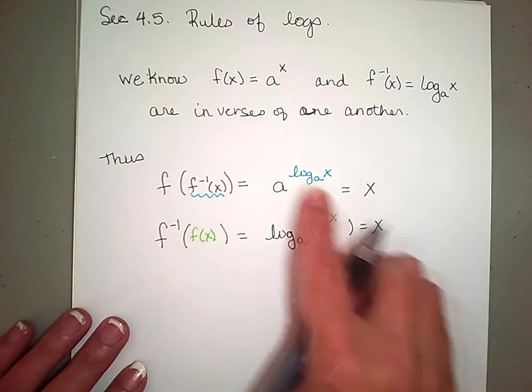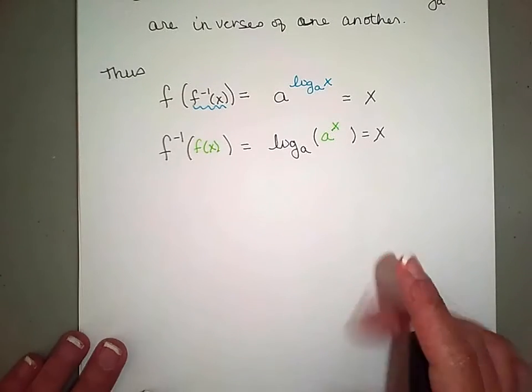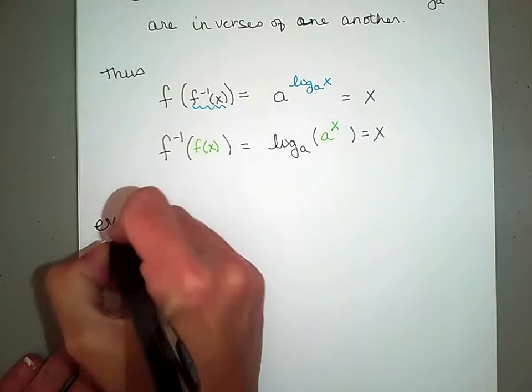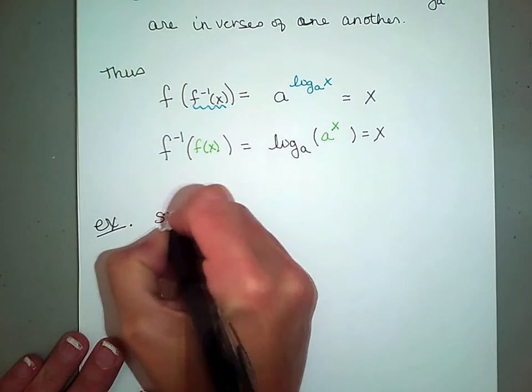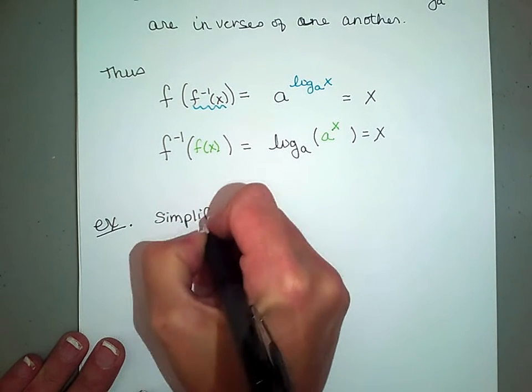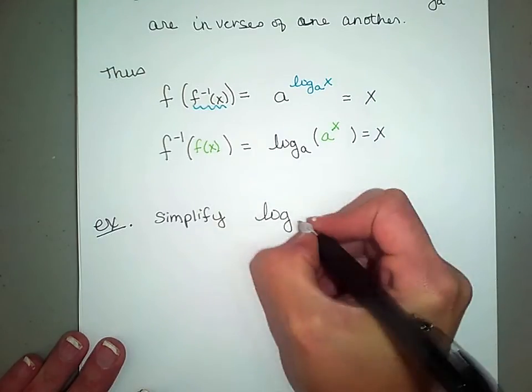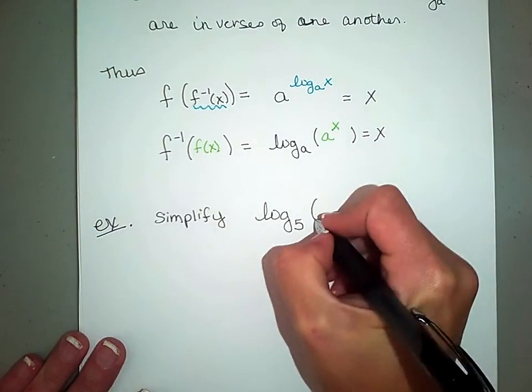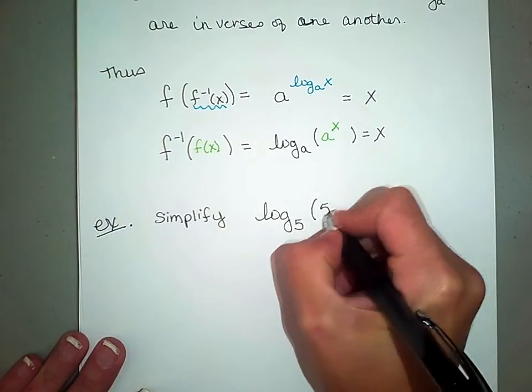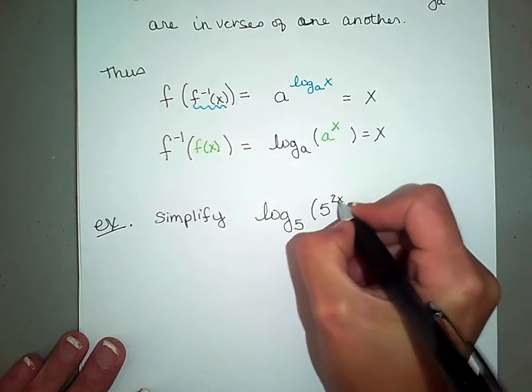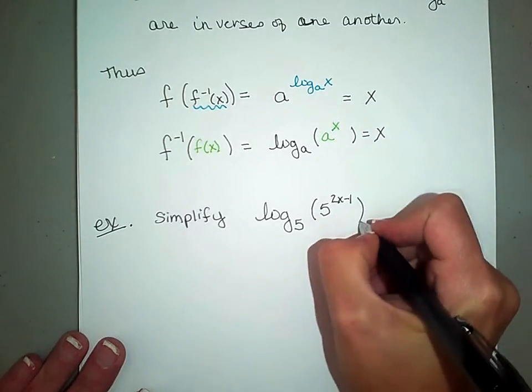So let's see if we can use these to do some simplification. So for example, let's simplify the log base 5 of 5 raised to the power 2x minus 1.